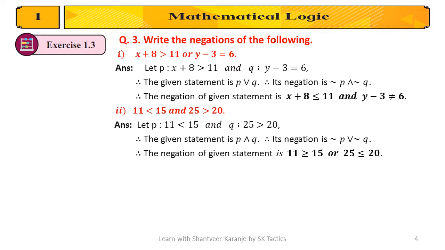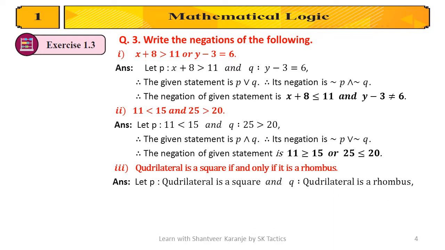By this way, we can solve the next question also. The next question is: a quadrilateral is a square if and only if it is a rhombus. "If and only if" indicates biimplication. So P is quadrilateral is a square, Q is quadrilateral is a rhombus.